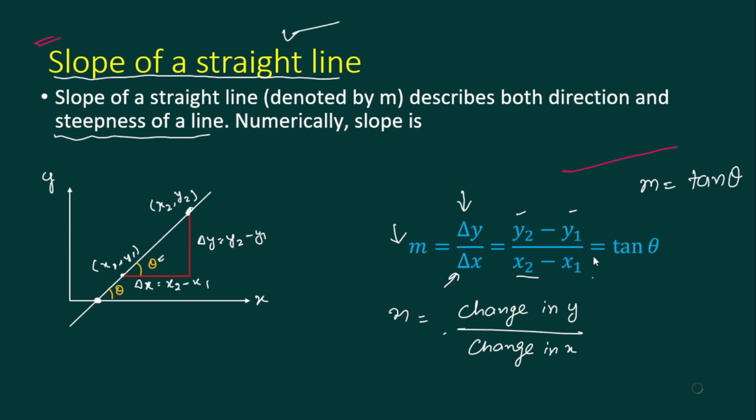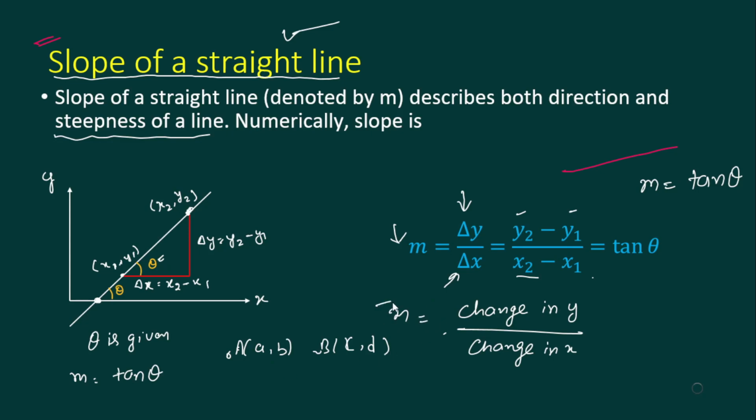So for finding the slope, if the angle theta is given, we can use m equals tan theta. And if we are given two points, let's say A equals (a, b) and B equals (c, d), and we are asked to find the slope, then we can use this formula.